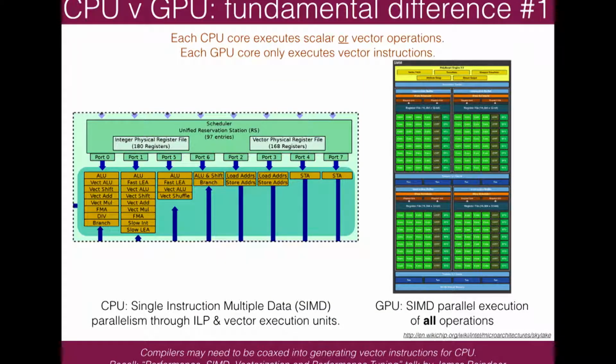So I'm stressing the similarities between CPUs and GPUs. They're multi-core devices with vector units in each core. Okay? Why don't we just program like we program an Intel CPU? Well, there are some fundamental differences. Each CPU core executes scalar or vector operations using scalar registers or vector registers, for historical reasons, because vector registers were added later than scalar registers.